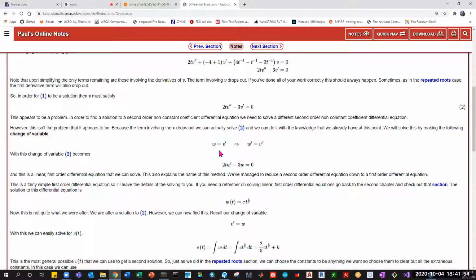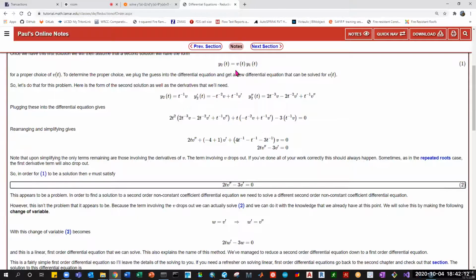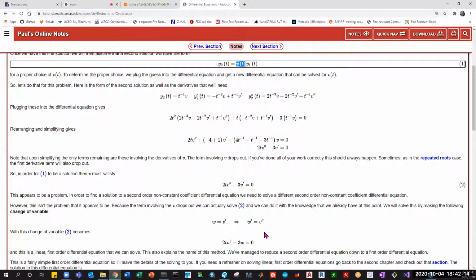What you have to assume here is that w is one differential order lower. It could be another variable. You're going to make a change of variable where this new variable is the variable coefficient, but with one less derivative.